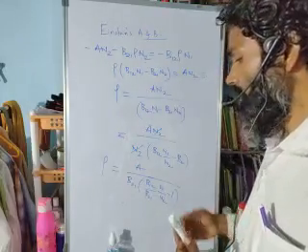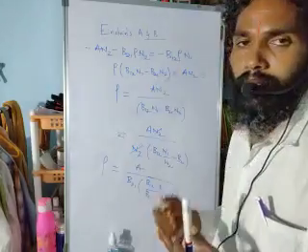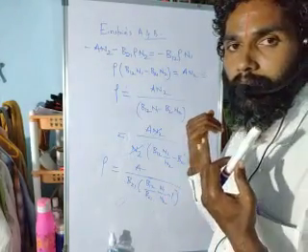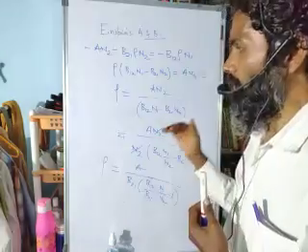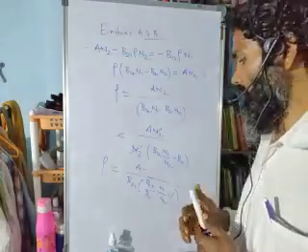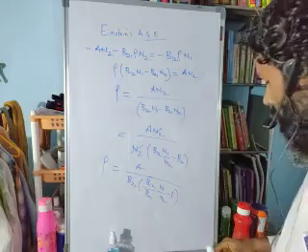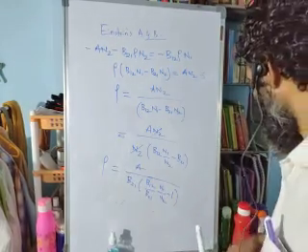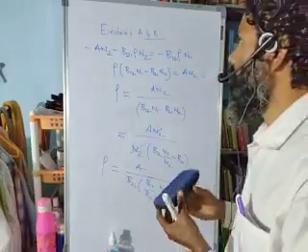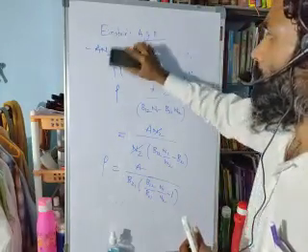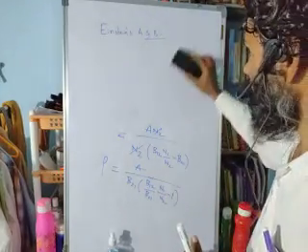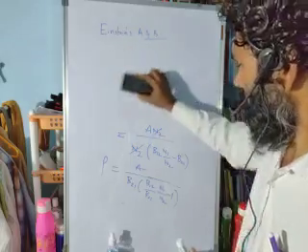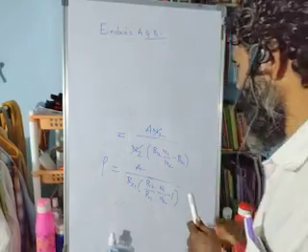At thermal equilibrium, there is something called Boltzmann statistics, which the energy levels should satisfy, and because of that, this n1 by n2 can be written in terms of exponentials.